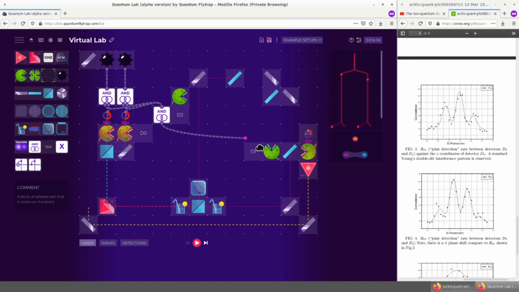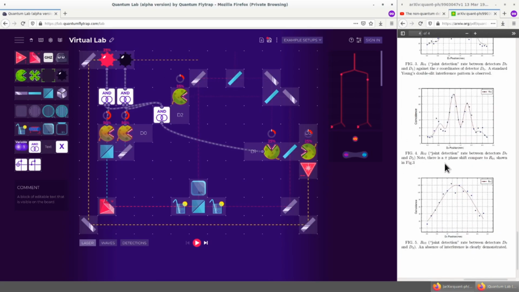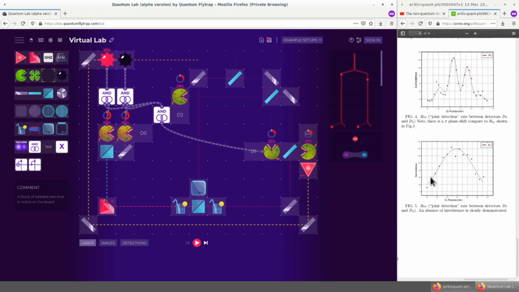Let's check. Yeah, high, low. And then lastly, if we condition on D3, we should see a flat or smooth distribution. So instead of seeing two different things, we should see the same thing. Okay, let's do that.